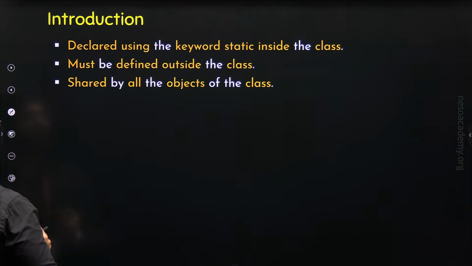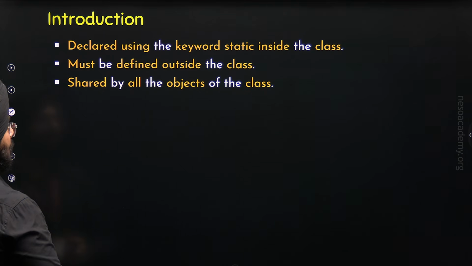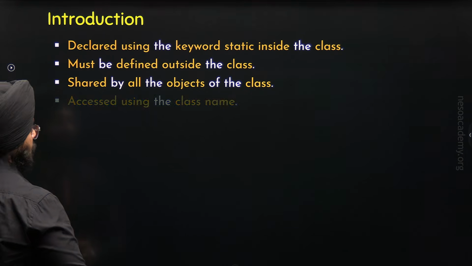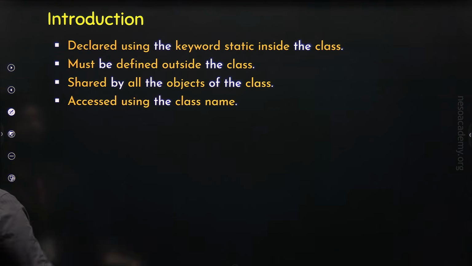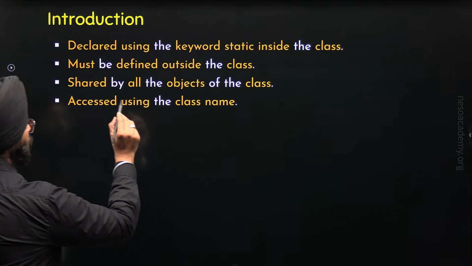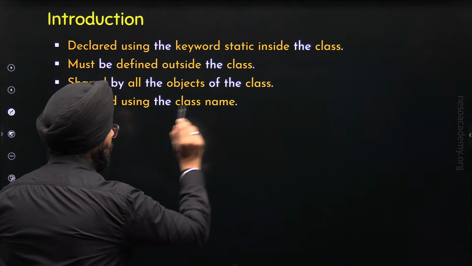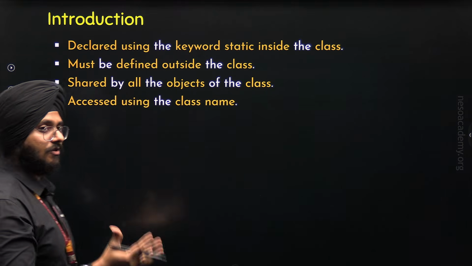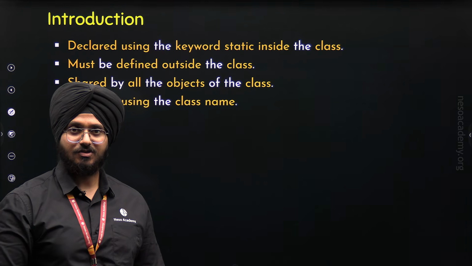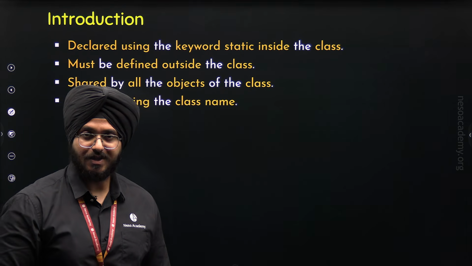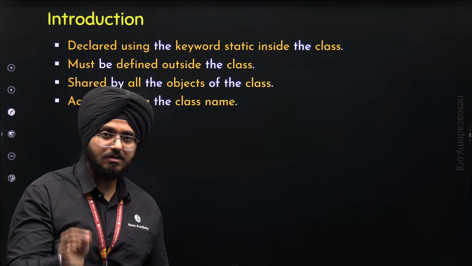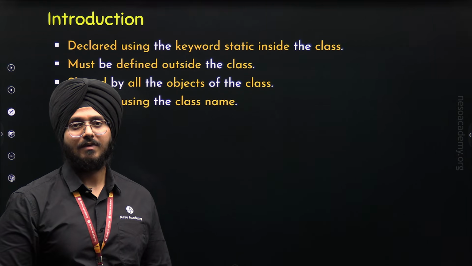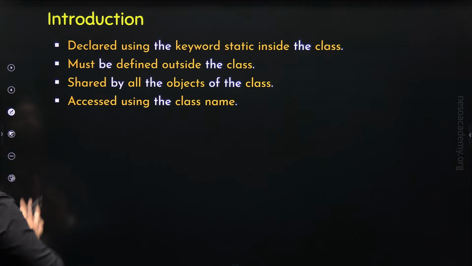Also, if we want to access a static data member, then it is possible through the class name, not the object name. So it can be accessed using the class name because it is created on a class basis, not on an object basis. It is not associated with an object. It is associated with the class. I hope these points are clear to you.